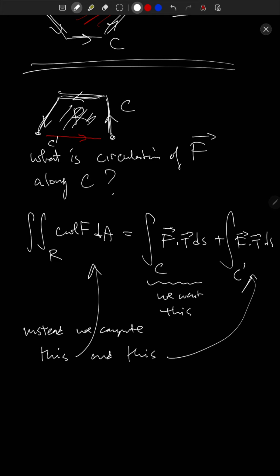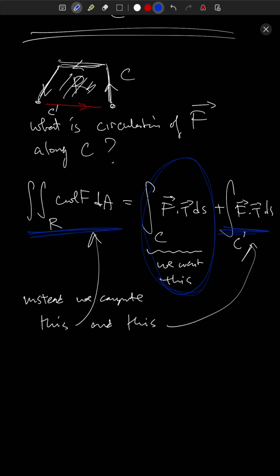And again, then we're done, because if we know this is 5 and this is 3, then we know that this guy over here, which is what we actually want, would be 5 minus 3. All right. So potentially you could save a lot of work this way.